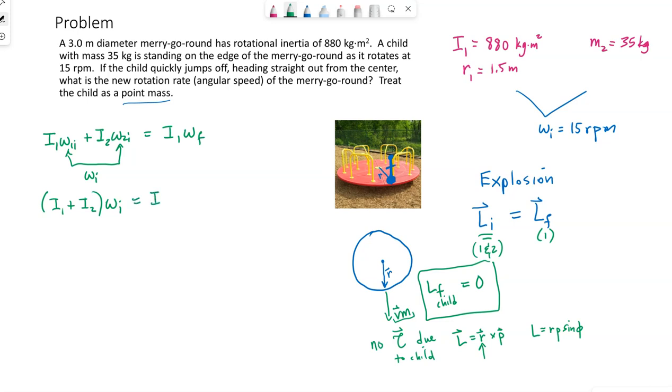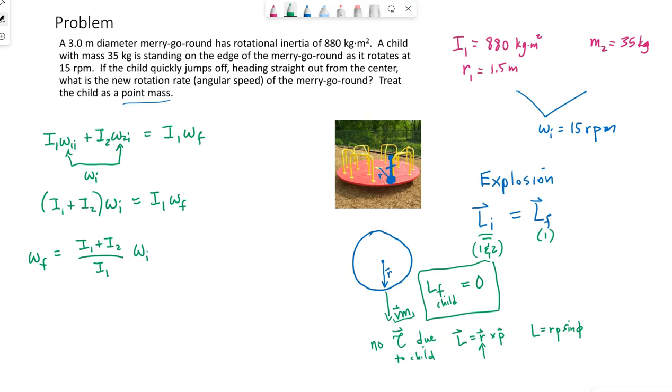The kid has jumped off. The child has no angular momentum because of how they jumped off. And so finally, it is only the merry-go-round that has that angular momentum. And that omega final is what we are looking for. So omega final will be I1 plus I2 over I1 times this omega initial.